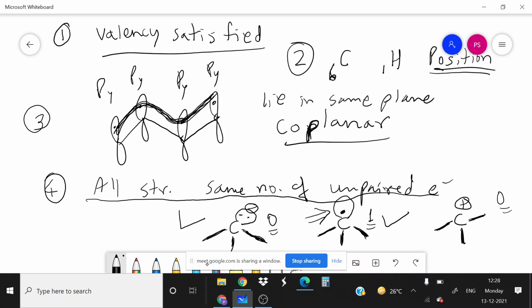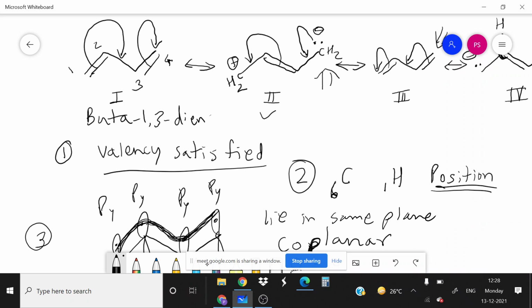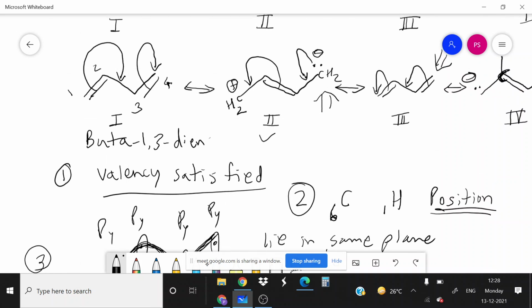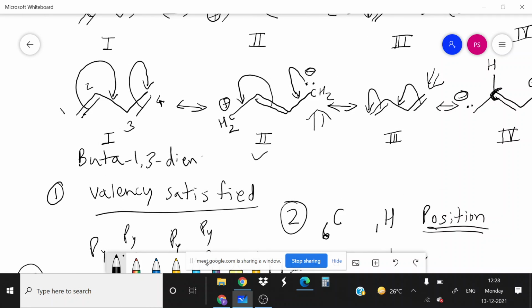So if you look at the first structure, all electrons are paired. Look at this structure number 1. CH2 double bond CH, single bond CH, double bond CH2. Each and every carbon has 4 bonds.